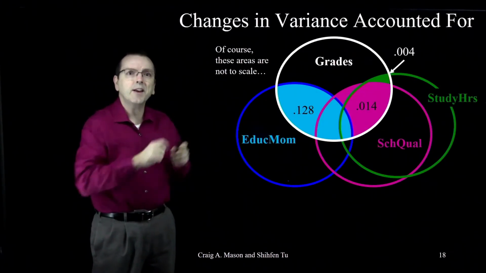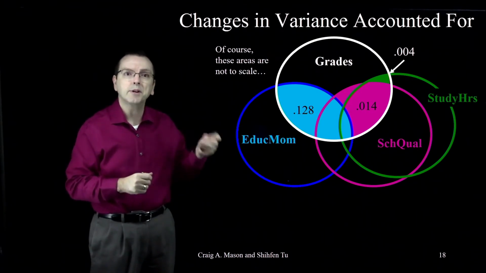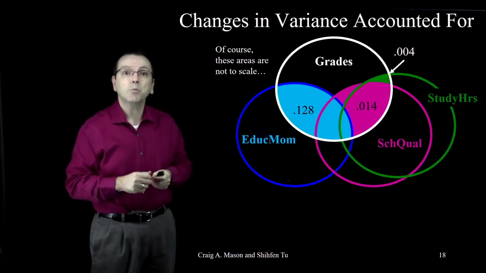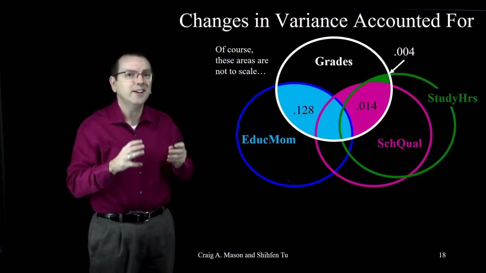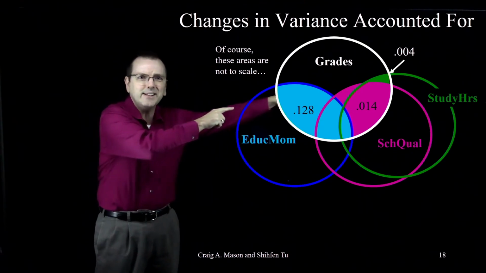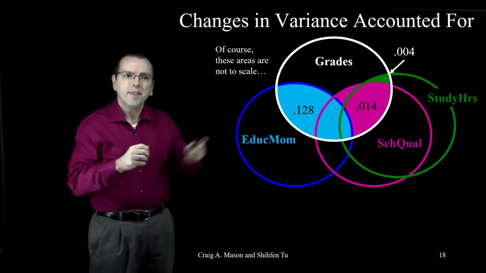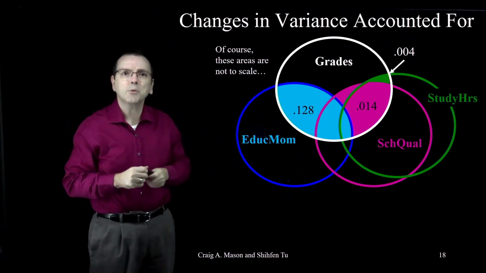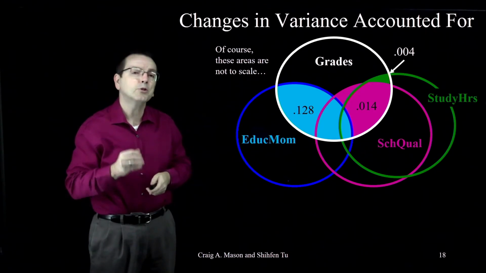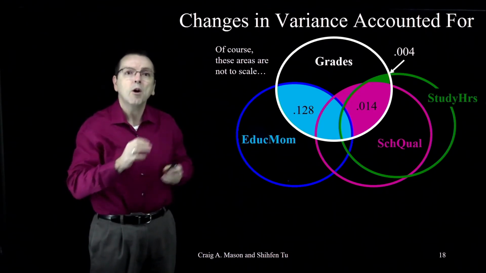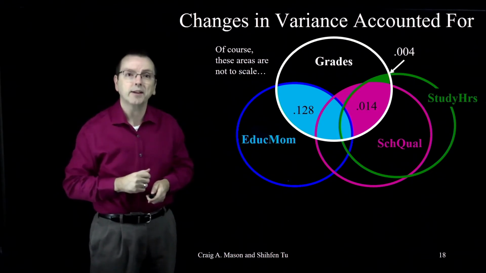Now, in this Venn diagram, we see the increasing R squared as we add predictors. In this case, when we add study hours, the previous R squared just grows a little bit, that sliver of green all the way over, right? Now, that increase in R squared, the area of that sliver of green, is equal to 0.004, or again, 0.4% of the total variance in grades.